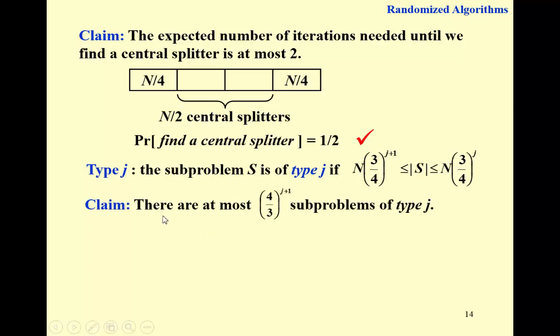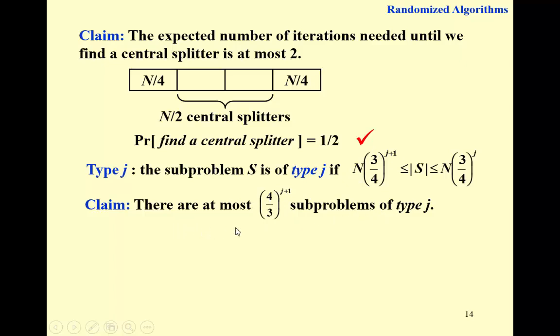And we claim that there are at most that many subproblems of type J. Why? Well, since the total size is n, right? And each side is at least given by this function, right? So it's n over the smallest size. That gives the number of subproblems.